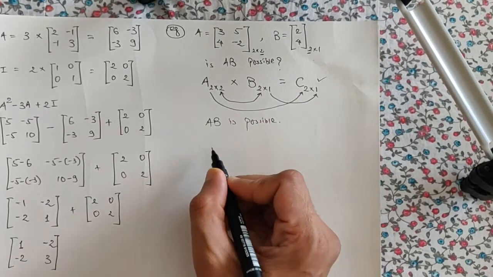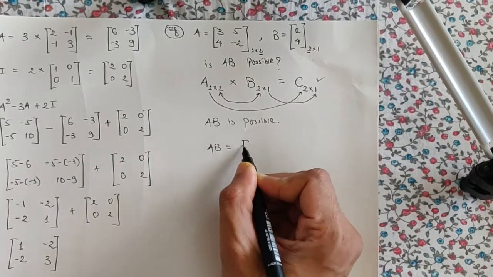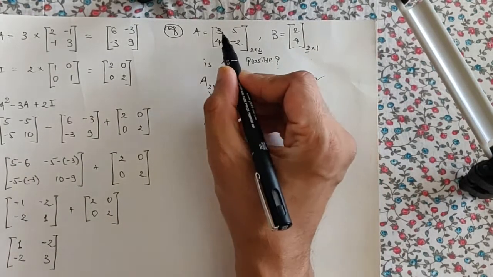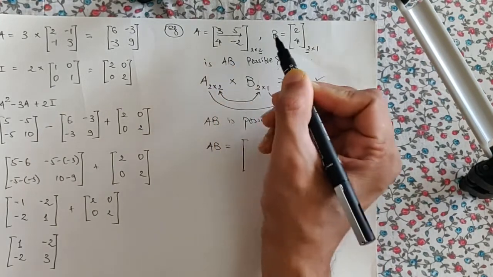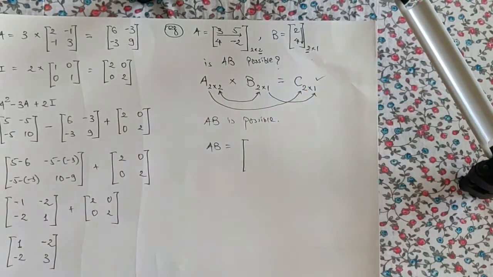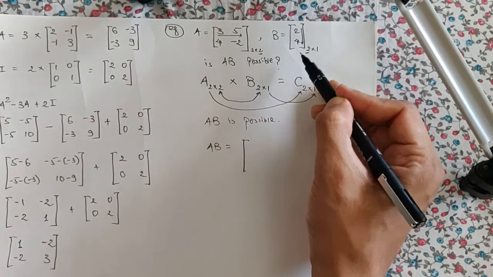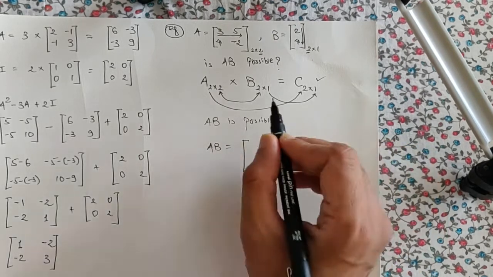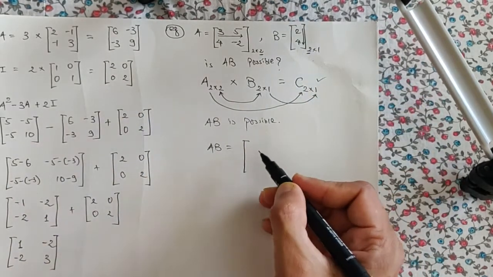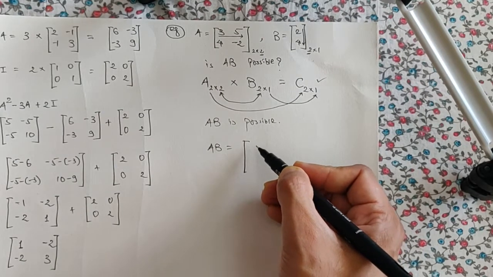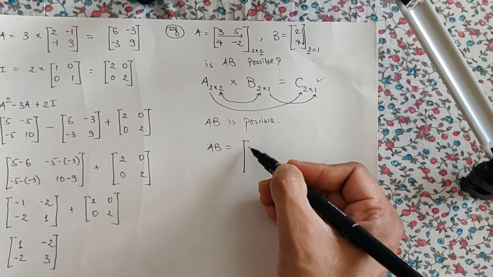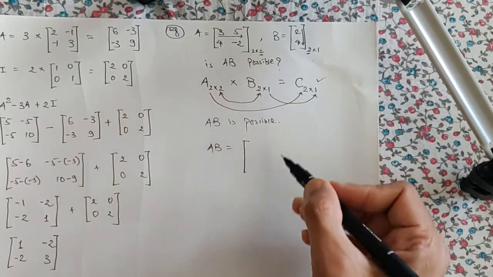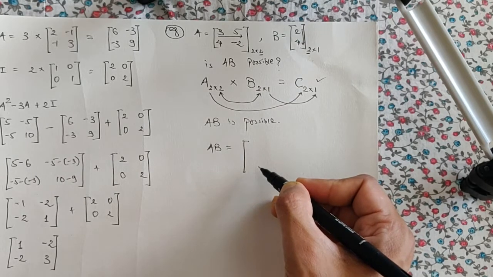Let's find it. So AB is equal to, okay, how will we do it? See, we are going to multiply the first row with the first column. First row multiplied by first column will give you the first element of the first column in the answer. In the answer there is just one column, and when we multiply the second row with the first column, we'll get the second element of the column.